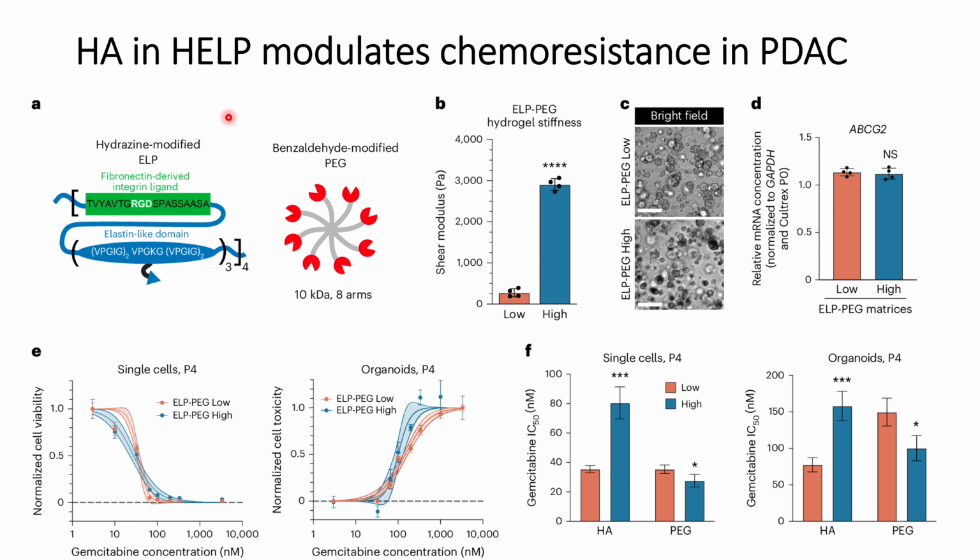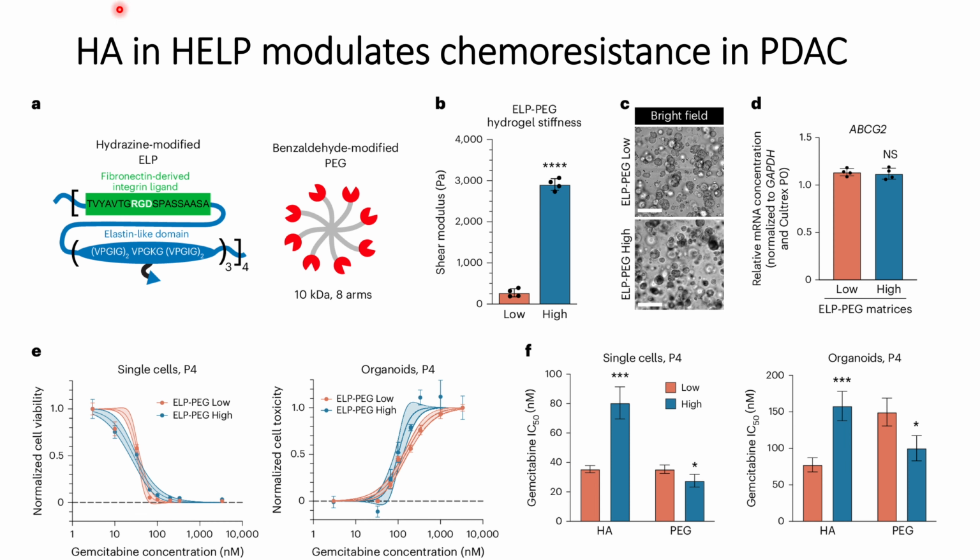So they modified that domain from RGD to RDG, and then used that modified matrices to check whether it would prevent this chemoresistance in the PDAC. But they did not see any change in the modified high HELP matrices, that is with the RDG domains, compared to the normal RGD domains. So from that experiment they came to the point that ELP does not modulate chemoresistance in the PDAC.